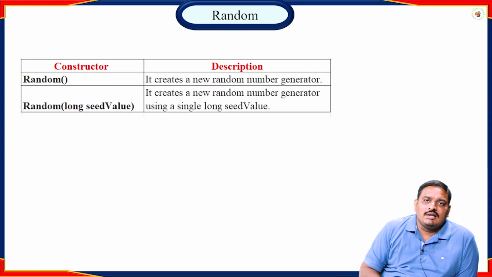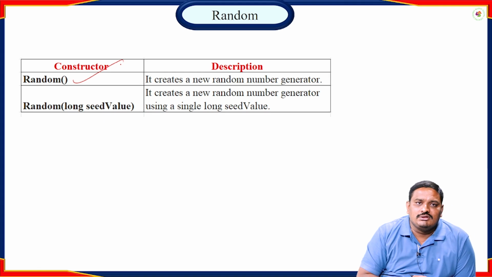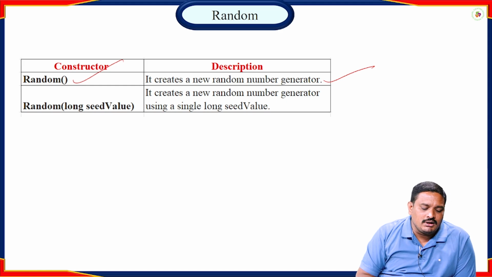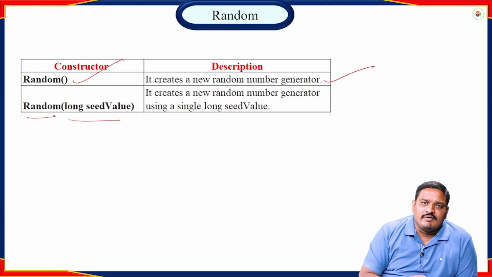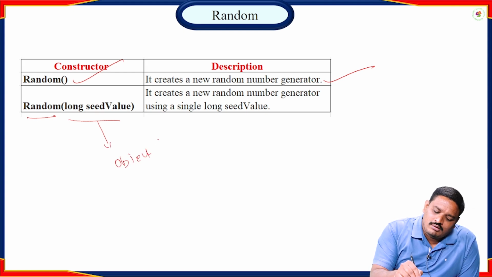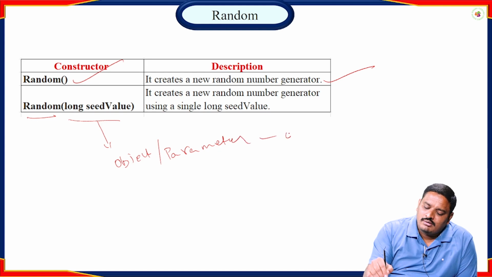The Random class has two constructors. The first constructor is Random with zero parameters. What does zero parameters mean? It creates a new random number generator. The second is Random with a long seed value, which takes one parameter.